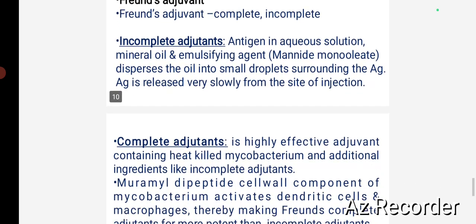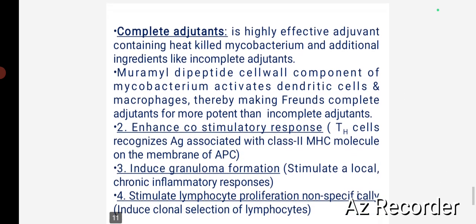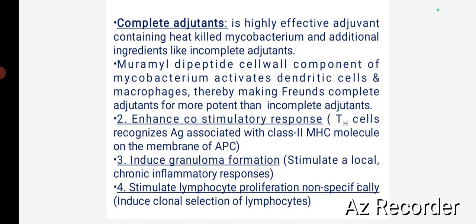Next one, complete adjuvant is a highly effective adjuvant containing heat-killed mycobacterium and additional ingredients like incomplete adjuvant. Here complete adjuvant means we are mixing heat-killed mycobacterium as well as the aqueous solution, mineral oil and emulsifying agent. These are what we use in incomplete adjuvant.